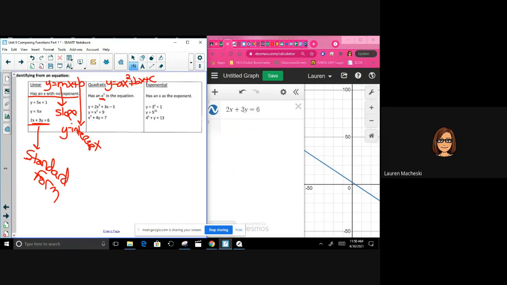An exponential has an x as the exponent. So you can see in all three of these, you have an x as your exponent, so that's going to make an exponential. The equation for exponential is y equals a times b to the x power.